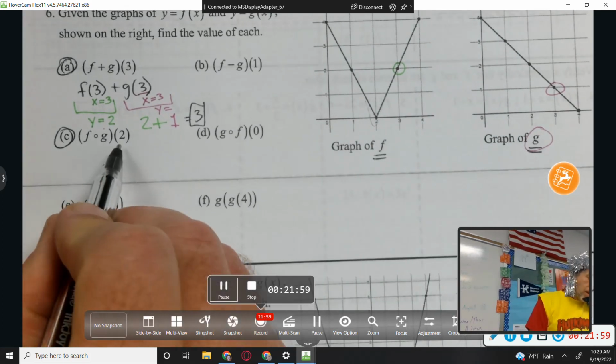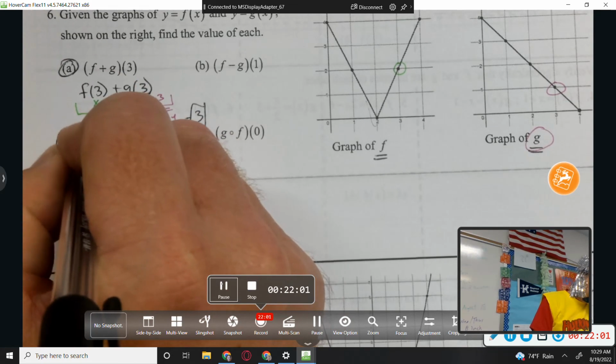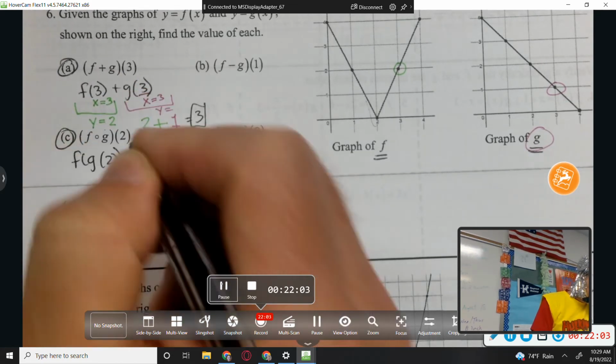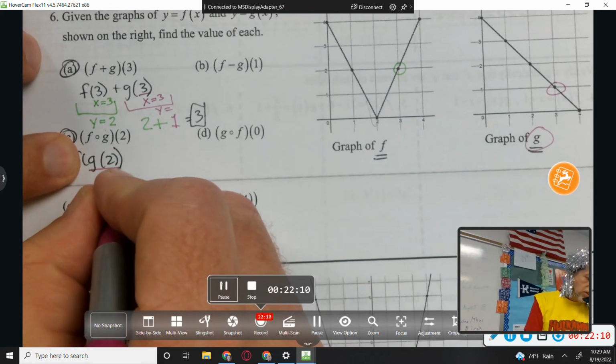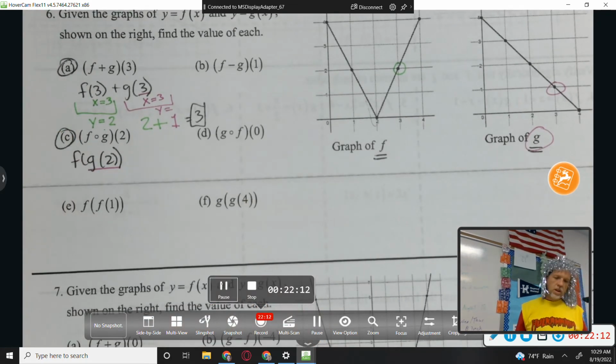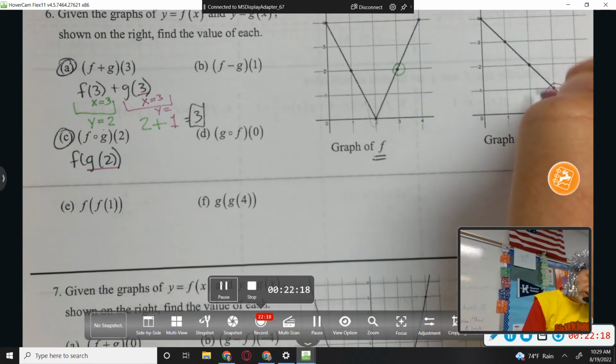And then part C, f of g of 2. So again, work from the inside out. G of 2. What's g of 2 equal to? 2. So there's g of 2 right there.